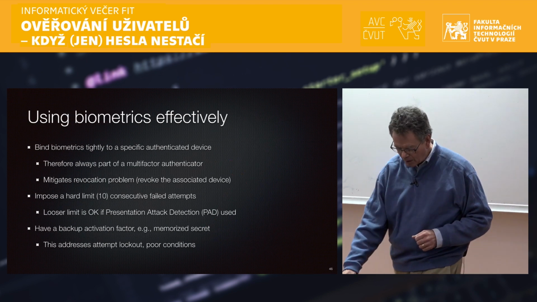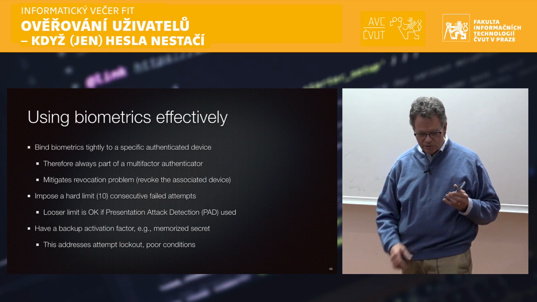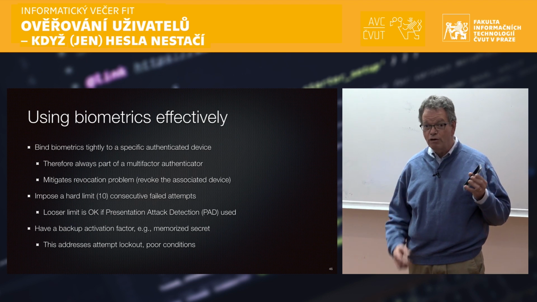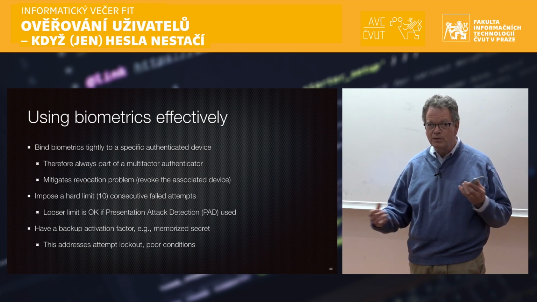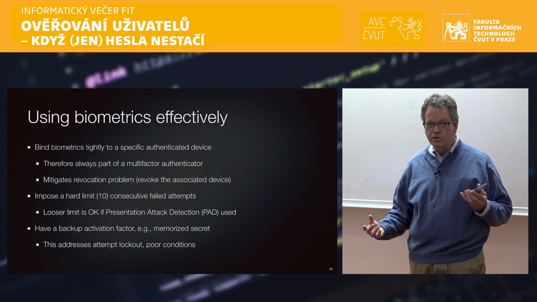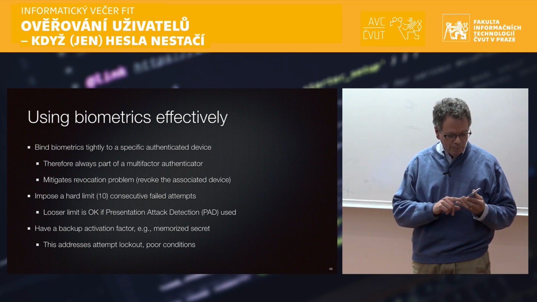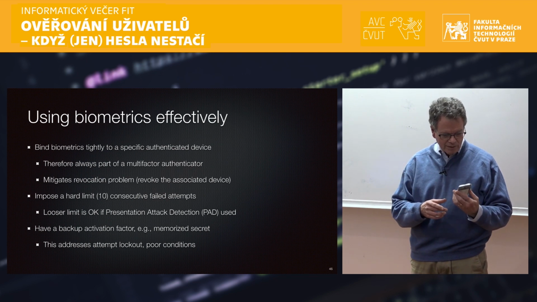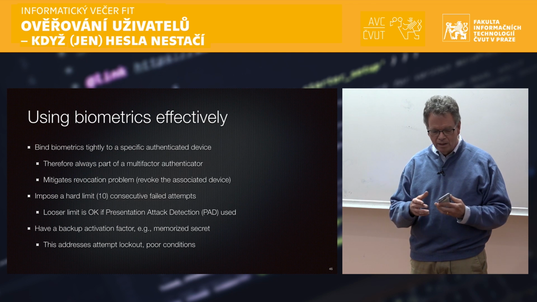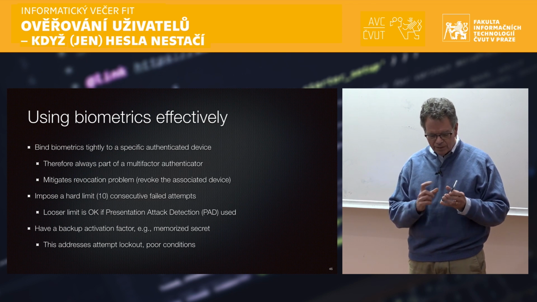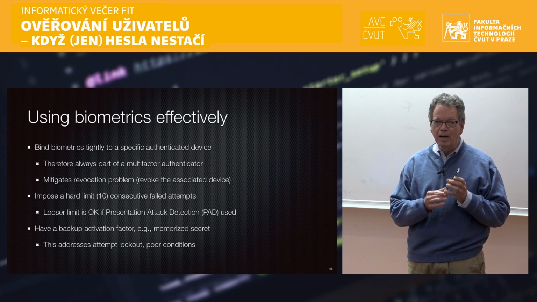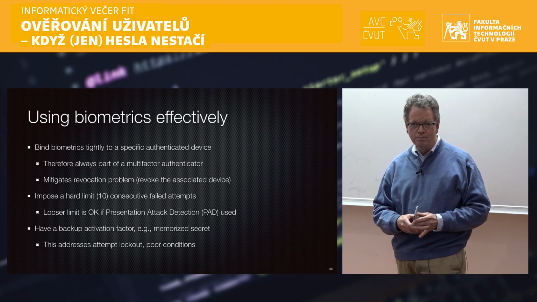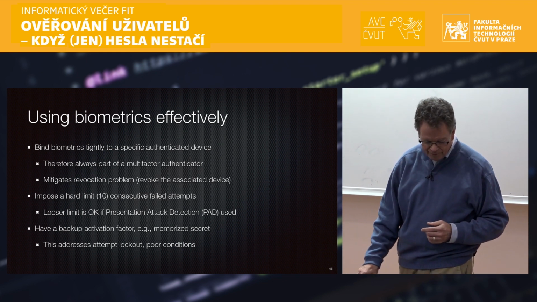So a best practice is to associate the biometric with a specific physical device, preferably verifying it locally, so the biometric that's stored there doesn't go anywhere. Like with my phone, it unlocks when I do this, and it's not connected to, well, it is connected to a network, but it doesn't have to be. The verification is done here. The biometric never leaves the device. And there is a backup PIN for when I'm washing the dishes or something like that.